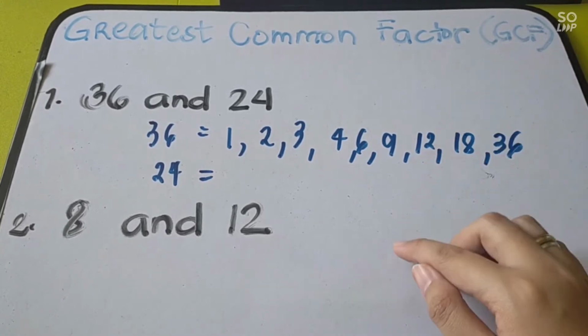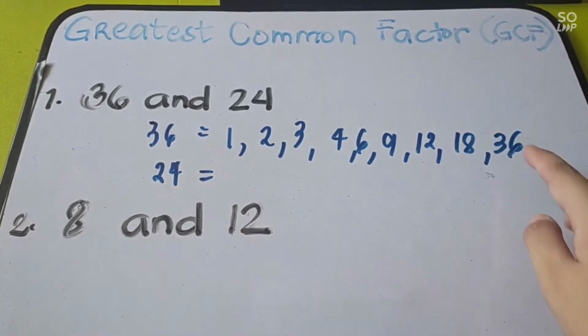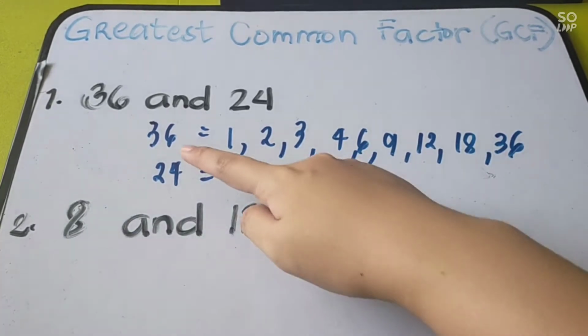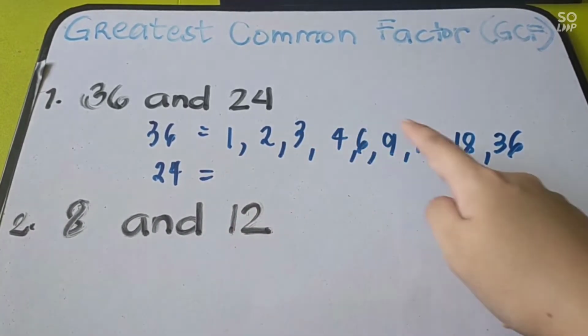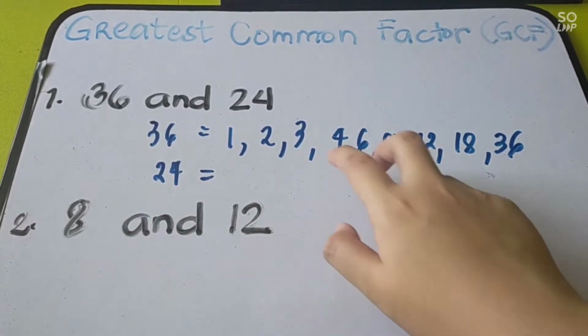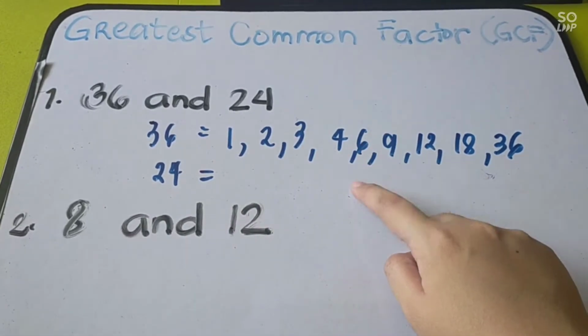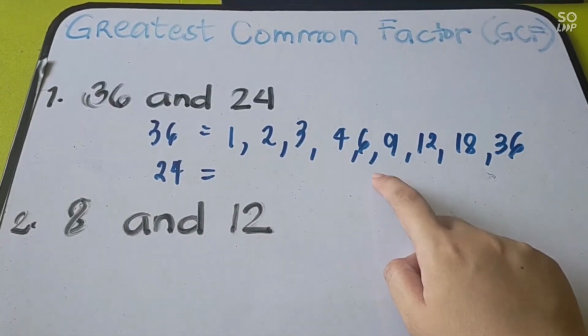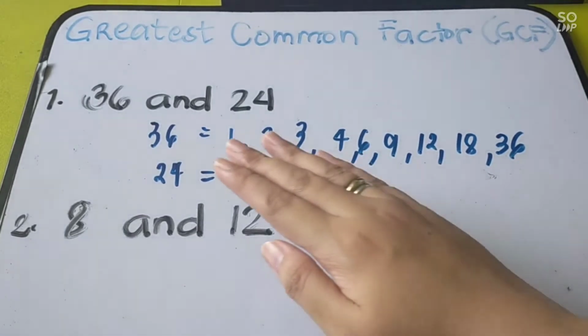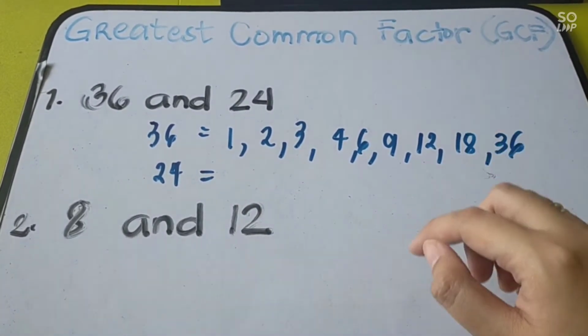If you are going to check your answer, ganito lang. 36 divide 1, the answer is 36 without any remainder. 36 divide 2, the answer is 18. 36 divide 3, the answer here is 12. 36 divide 4, the answer is 9. And 36 divide 6, the answer is 6. Did you get it? So, I already listed all the factors or numbers that are divisible to 36.